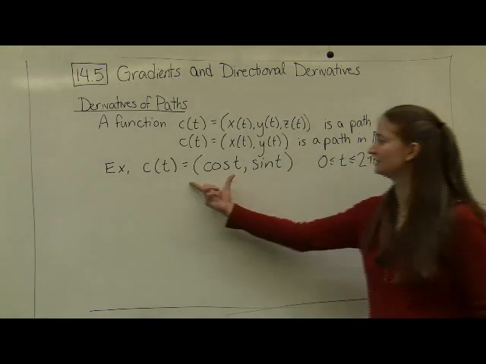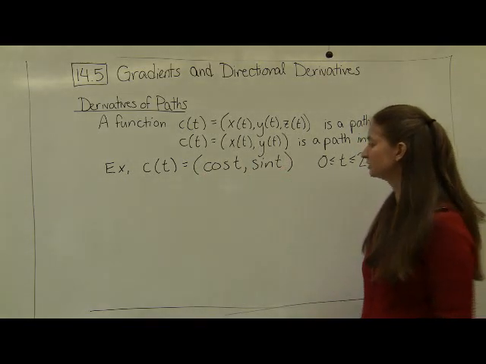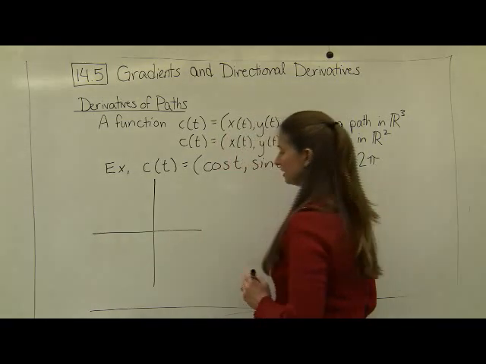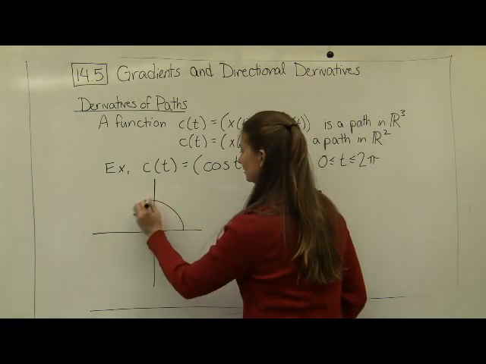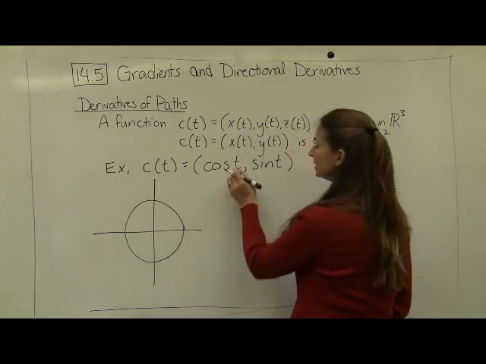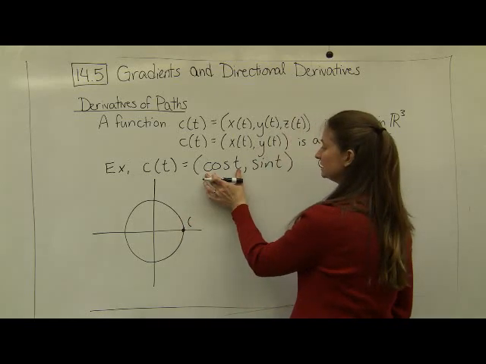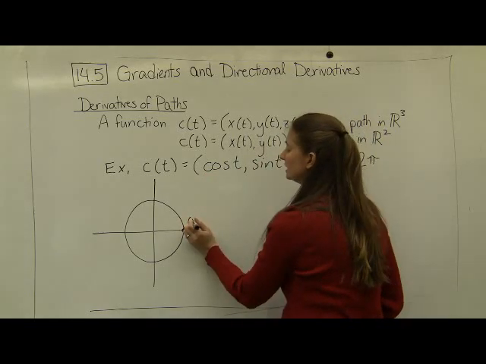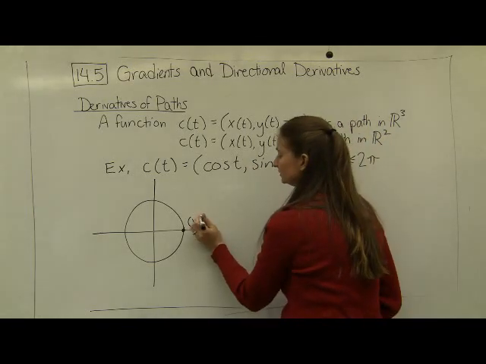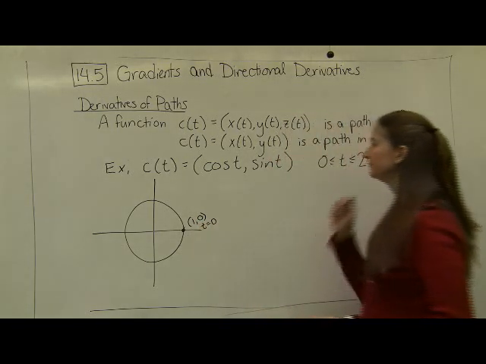So this is exactly like the vector-valued functions where my outputs were vectors with each of these component functions, only this time, instead of thinking of them as vectors as outputs, I'm going to instead think of my outputs as just points in space. My initial point where t equals 0 is the point where my cosine of 0 is 1, which means that my x-coordinate is 1, and the sine of 0 is 0. So this is my initial point where t equals 0.